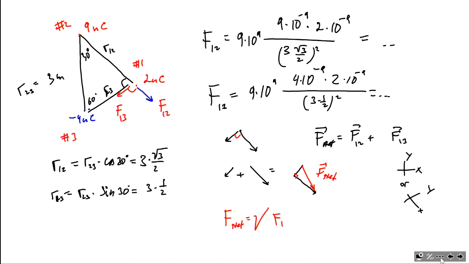We cannot just add numbers. And I've seen people doing that. I've seen people writing F net equals F12 plus F13. That wouldn't work. You have to look at the diagram and use the trigonometry.